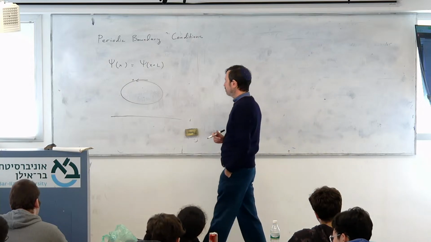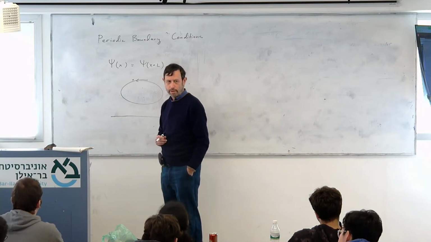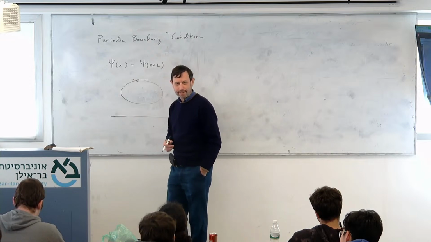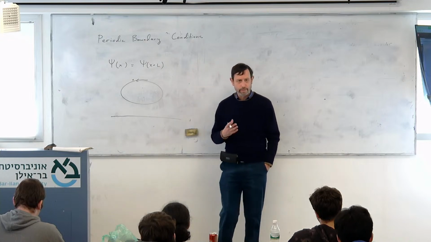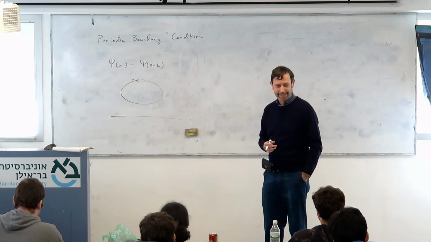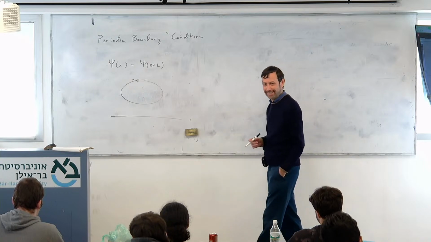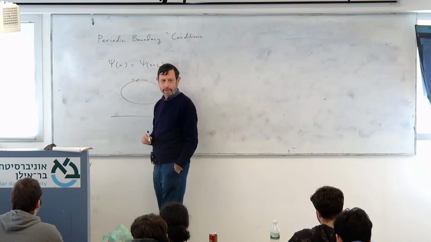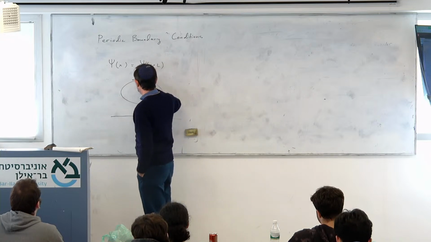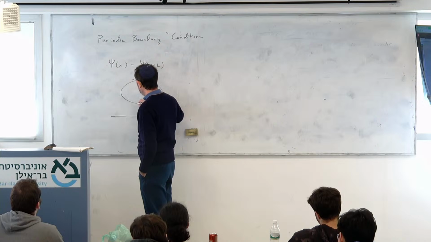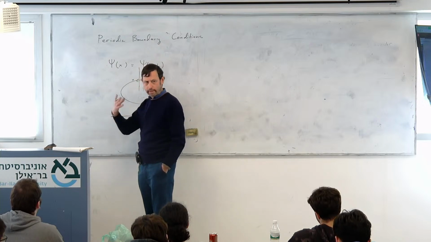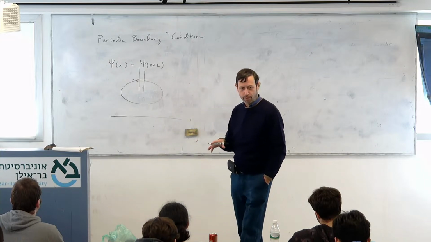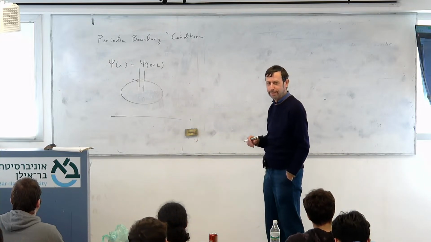Aharonov actually is an Israeli physicist, still active, although he's 90-something years old. He basically came up with the following idea. Again, not our material, it could be in the second course of quantum mechanics for undergraduates, depending on who is giving it.